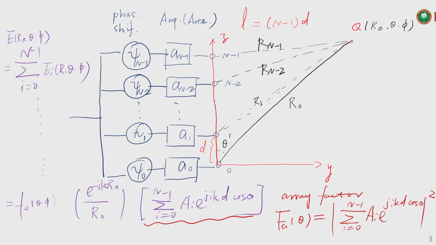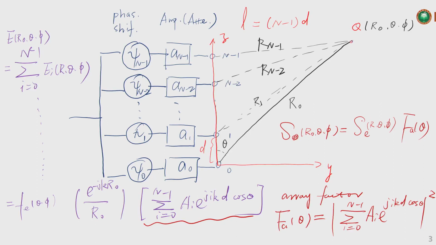So this is the array factor, and so finally the power density S(R, θ, φ) equals S_e(R, θ, φ) times the array factor.